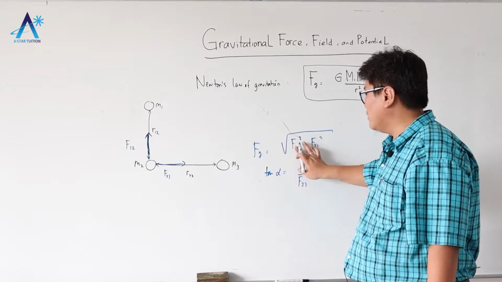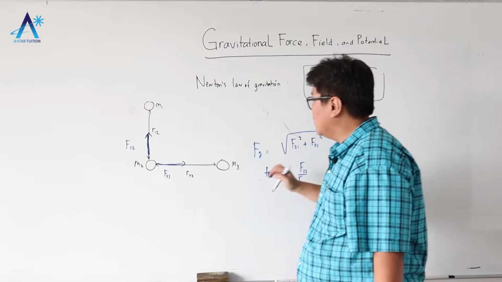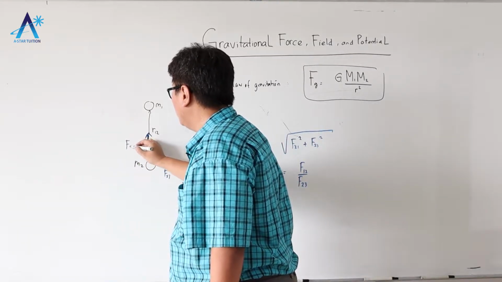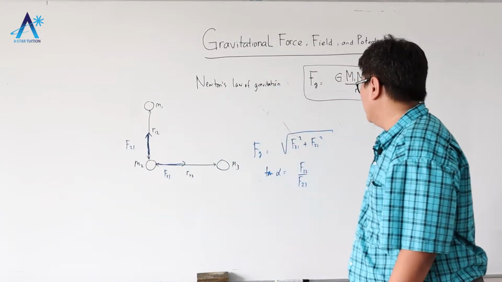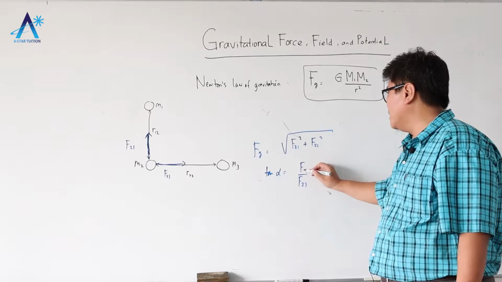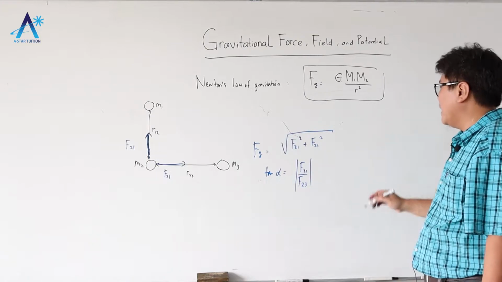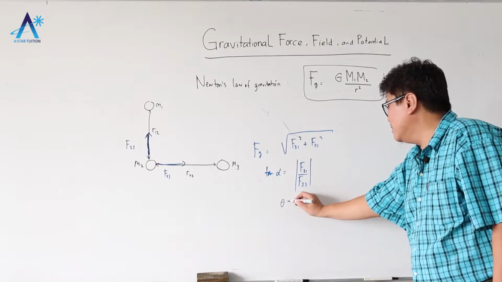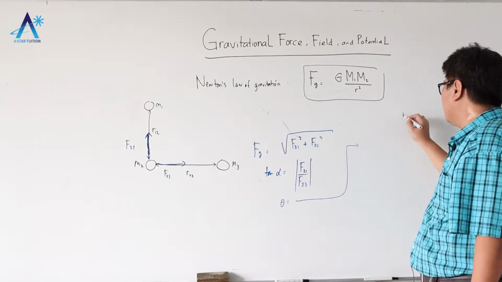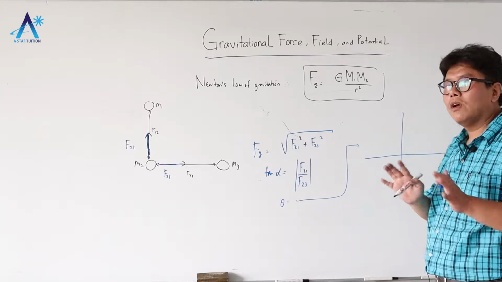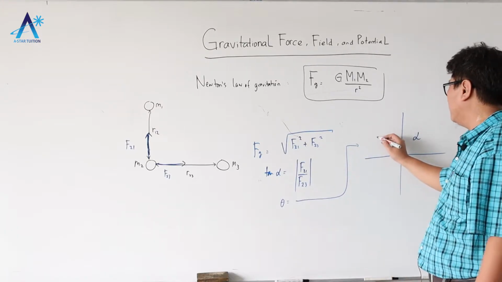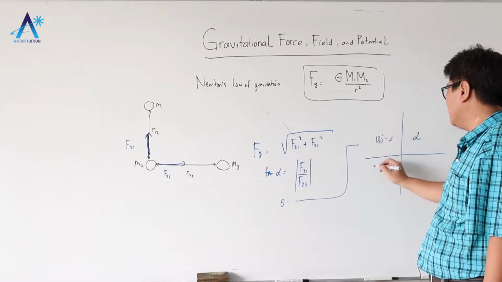Actually this is not F12, it's F21, because it is the force on 2 due to 1. Once you get this, the actual angle can be determined by using the quadrant consideration. Hopefully you still remember how to do this. So this is 360.